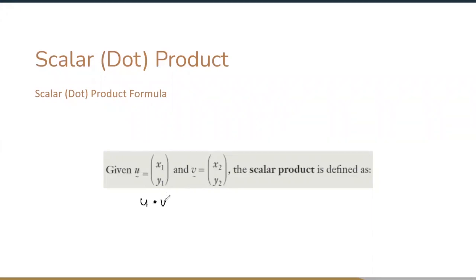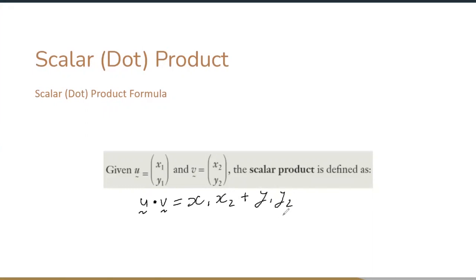And the formula for this, if we have two vectors, u and v, when we do the dot product on them, the way we find this is we multiply the x components and we add them to the multiplied y components.